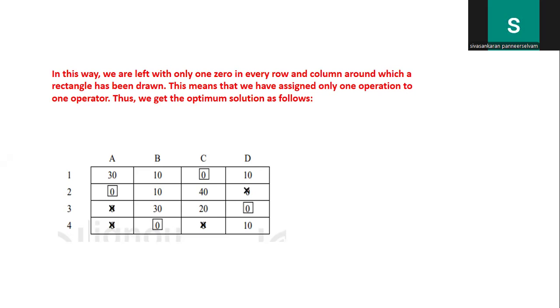From this table, we came to know that programmer 1 is assigned to develop application program C. Programmer 2 is assigned to application program A. Programmer 3 is assigned to application program D. Programmer 4 is assigned to application program B. So only one operation is assigned to each program expert. This is the ideology of the assignment problem.